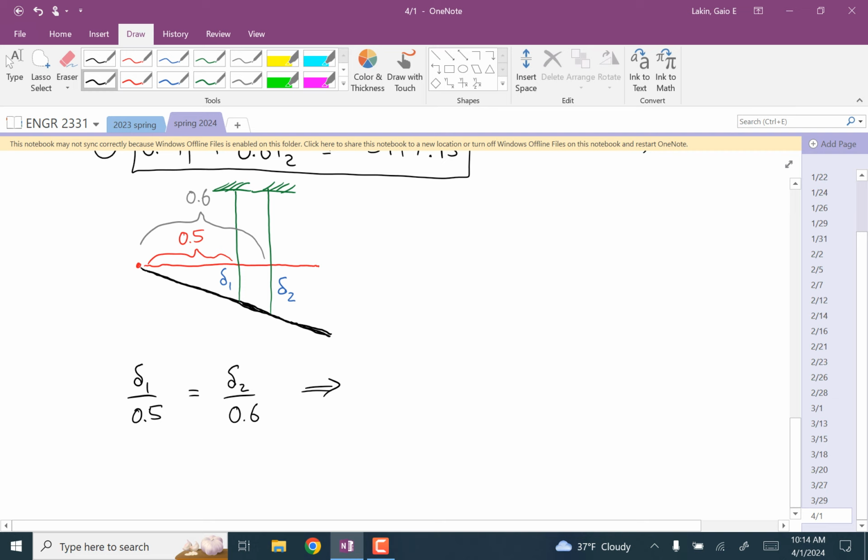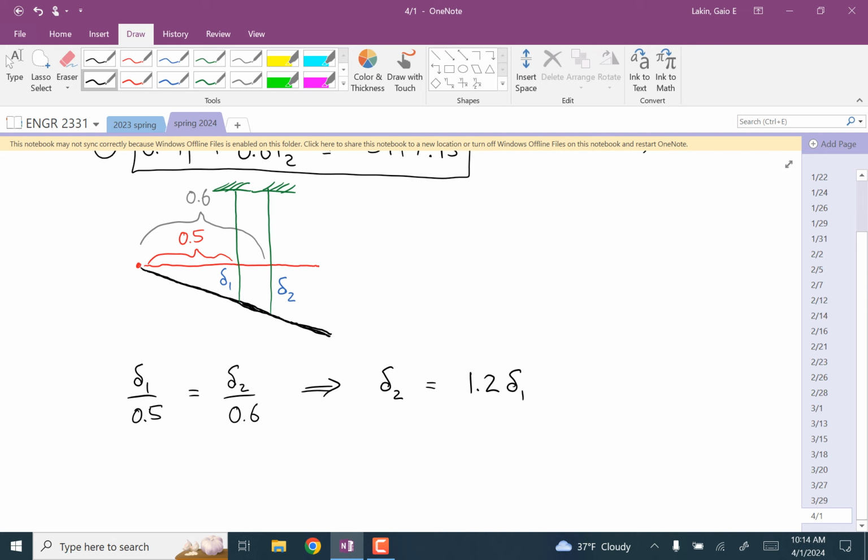And so delta 2 is equal to 0.6 over 0.5, which is 1.2 delta 1. So that's a geometric requirement.